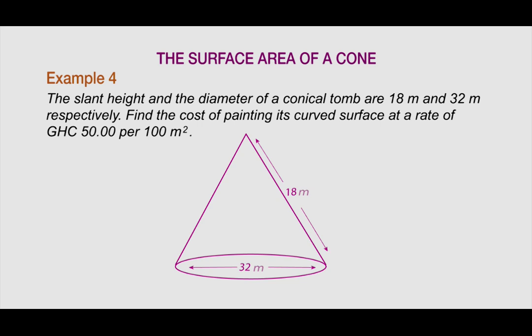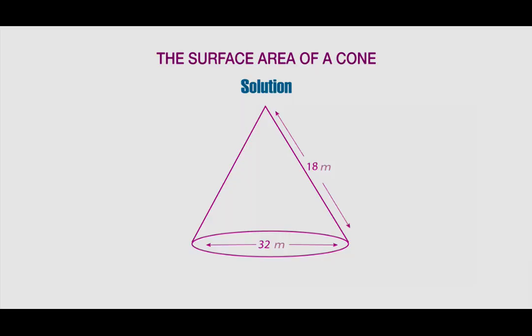Now the solution. As usual, you need to draw the diagram. Always try and draw your diagrams before you start. Our diagram is shown with a base diameter of 32 meters and a slant height of 18 meters.